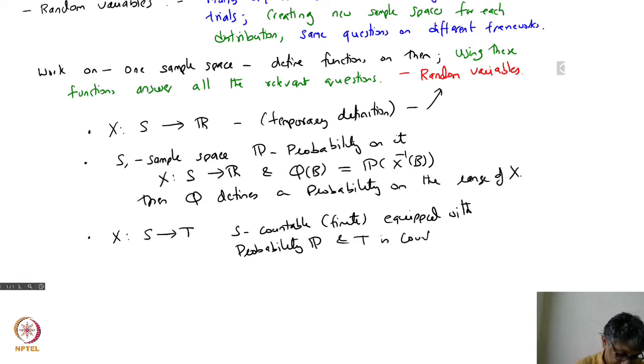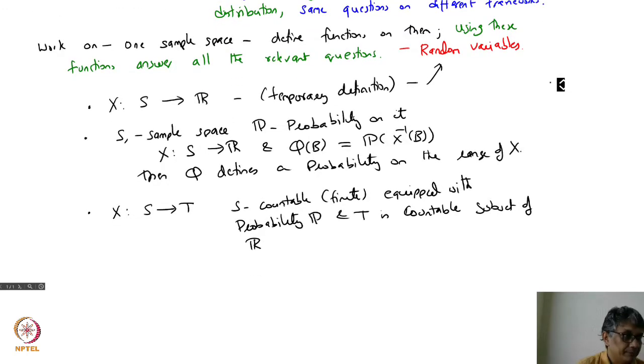If S is countable, T is a countable subset of the real line.